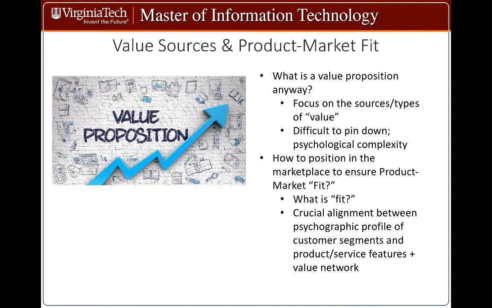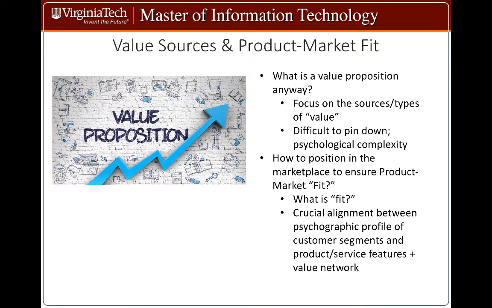And so this notion of fit is going to be crucial to some of our discussion in this particular lecture, because now we've got to think about how, almost like an interlocking puzzle piece, customer needs are going to intersect with a specific set of features within a product itself. Fit broadly is going to be this crucial alignment between the psychographic drivers of customers within particular segments, the product and feature values, combined with that value network. So we've got to have all these interlocking elements together and produce that virtuous cycle that we talked about.